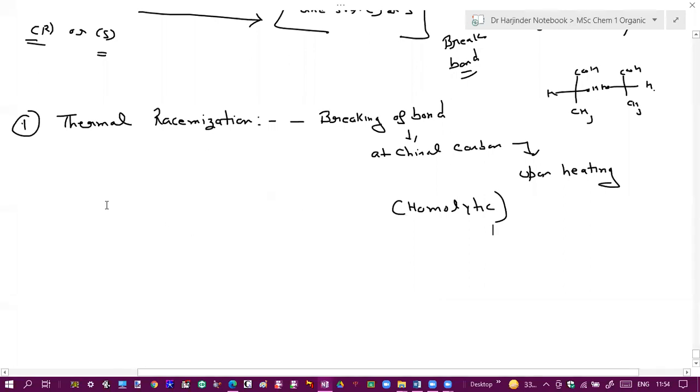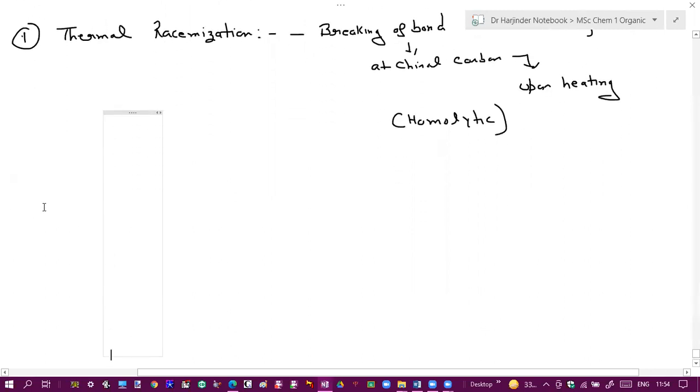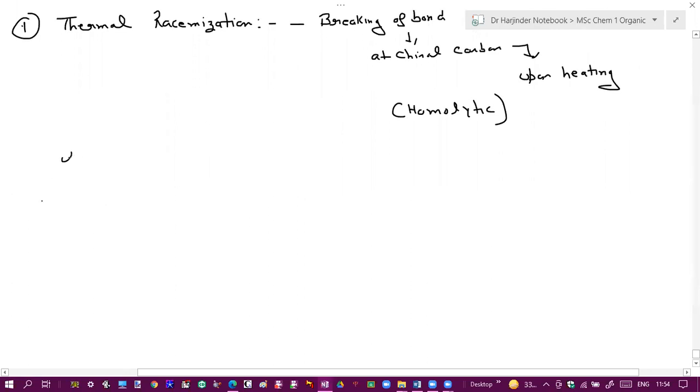So for example, suppose you have alpha phenyl ethyl chloride. What will be the structure of this alpha phenyl ethyl chloride?